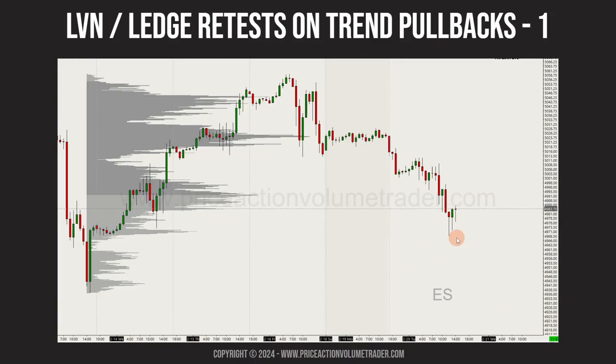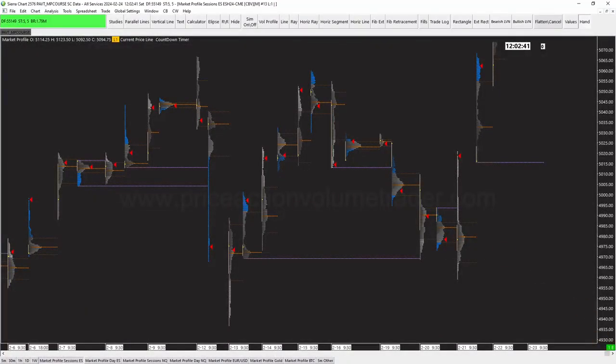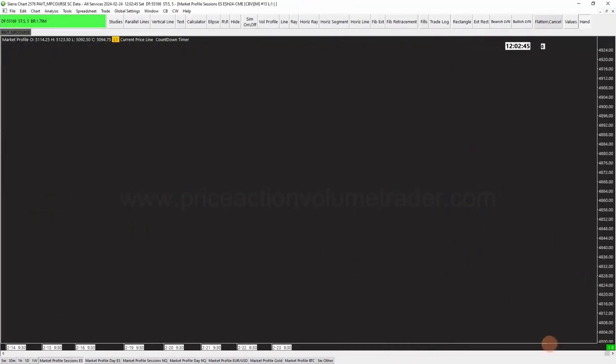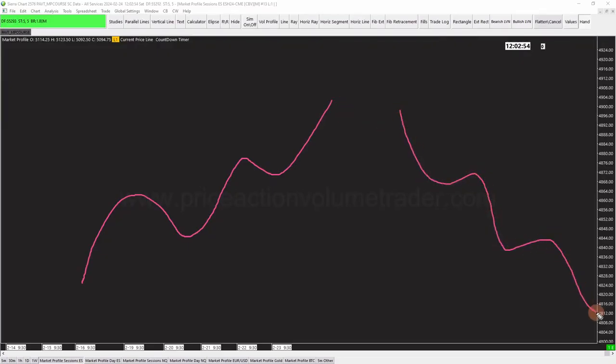Well, if we go here, let me bring up a chart and move this to get a blank screen. So right here, what we're talking about is when we have trending markets, meaning making higher highs or higher lows.